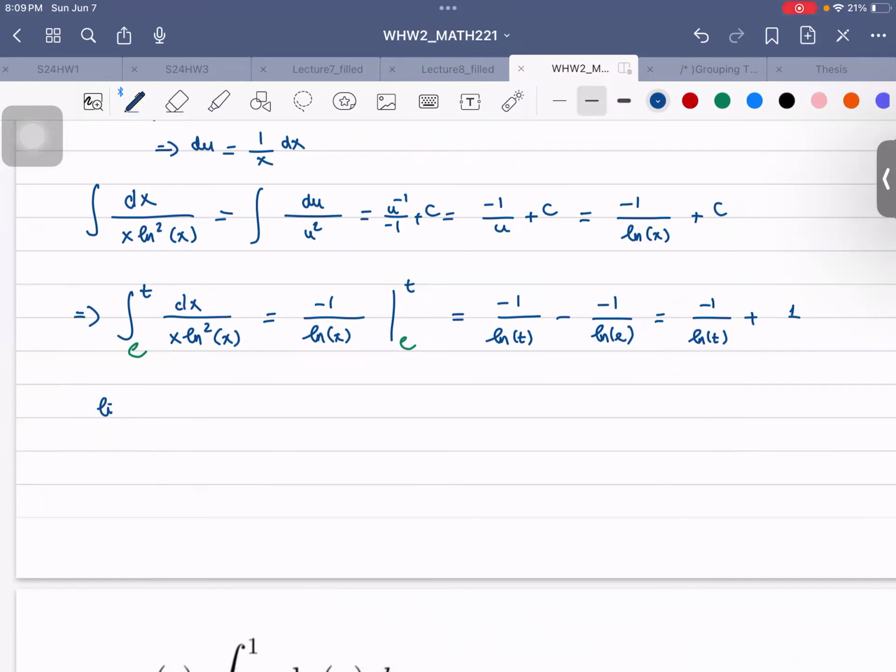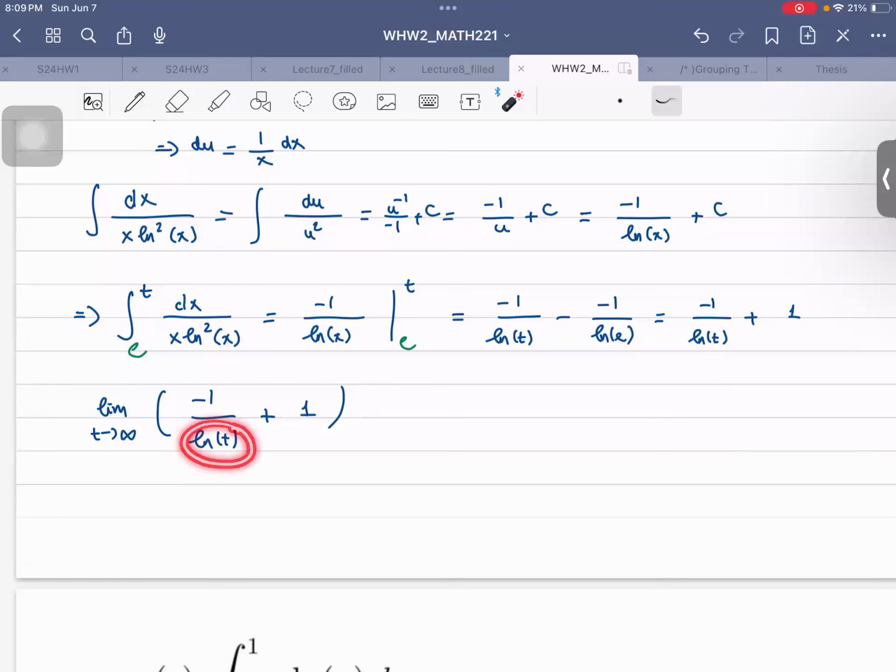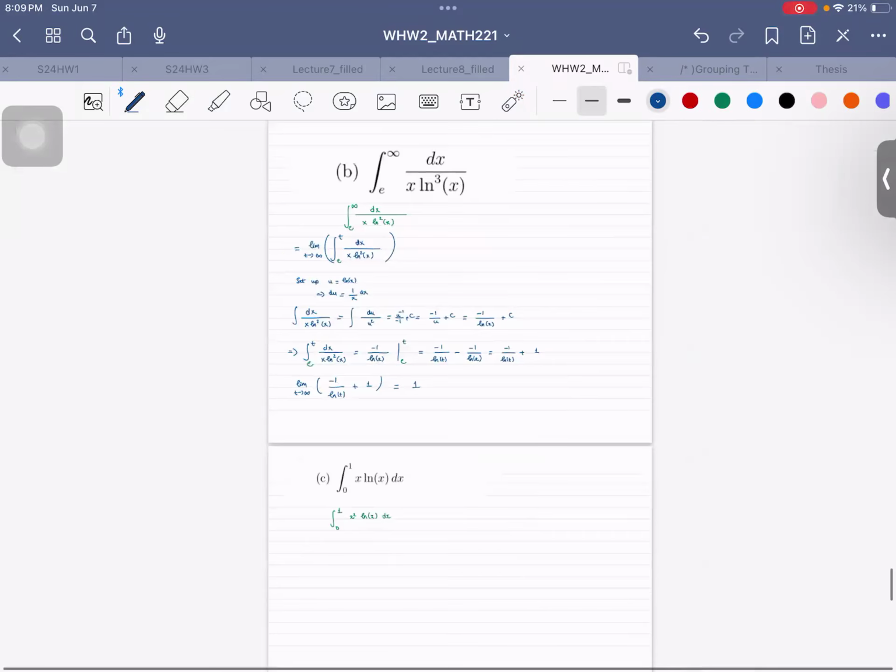So the limit as t approaches infinity of -1 over ln of t, plus 1: as t approaches infinity, the ln function will approach infinity as well. So that means the entire fraction will go to 0. Therefore, your final number is 1.